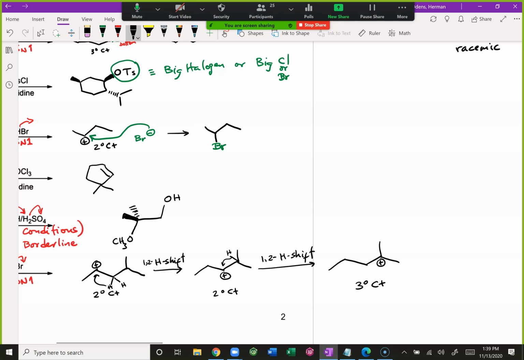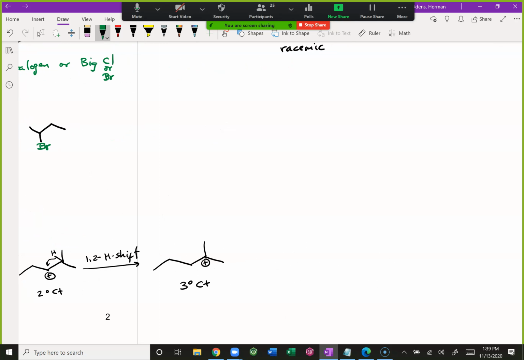And where's the bromine? Where's that angry bromine? I mean, if you get a backside kick, you gotta be pretty angry, right? And so he attacks back. And so this is the final product.